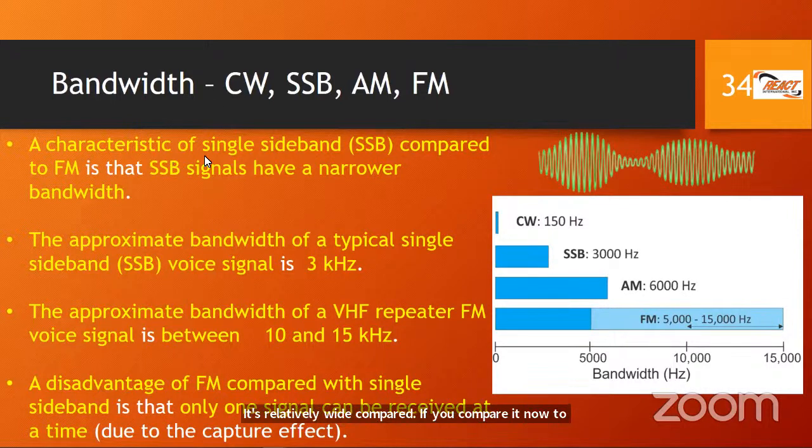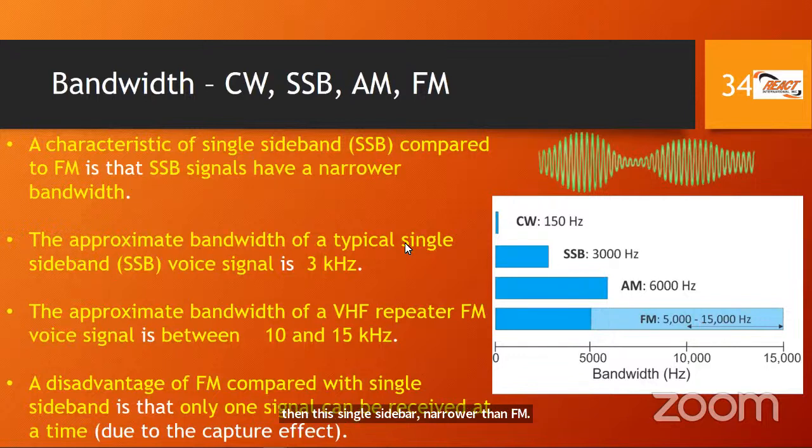So that's what we're saying here, that single sideband, which is this, is narrower than FM, which is all of this, right? We're seeing it visually here. This space here is narrower than all of this space. And that's all this first bullet point is saying, that this is narrower than this. Single sideband is narrower than FM. Need to know that for the exam.